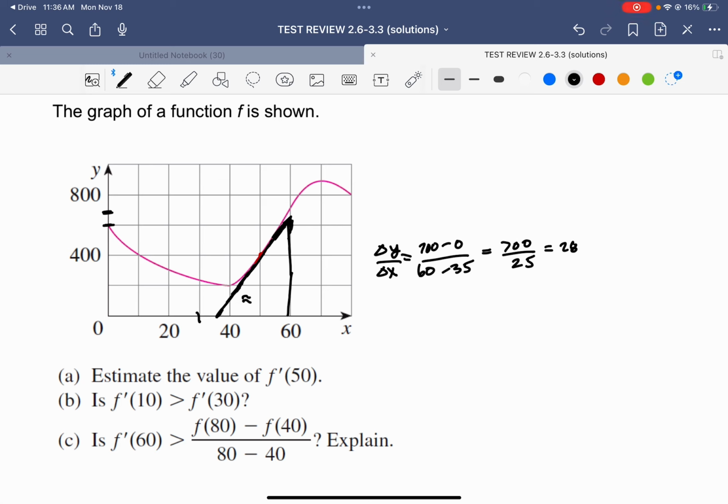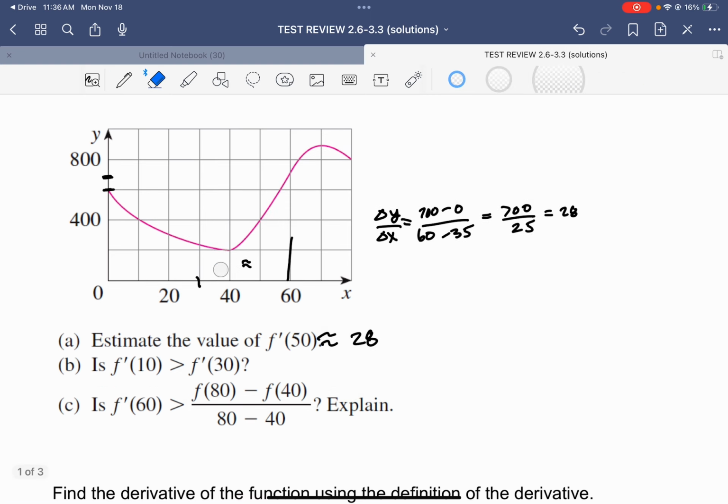Okay, 28, yep, brain's working. So that is approximately 28. Now it asks whether the derivative at 10, which is the slope of the tangent line there, is bigger than the derivative at 30, which is here.